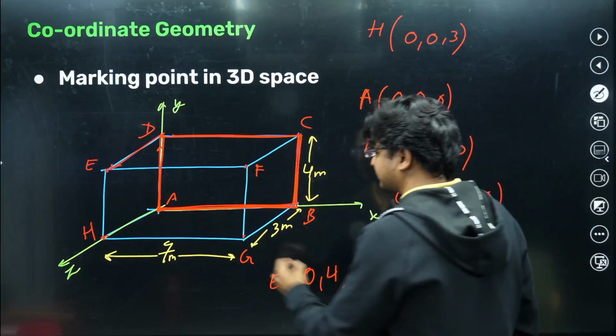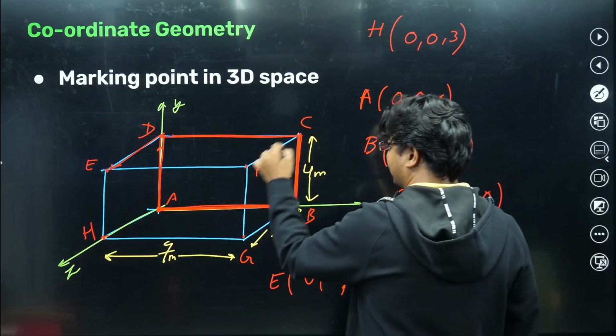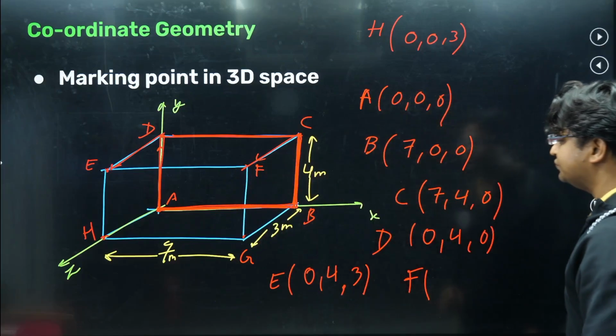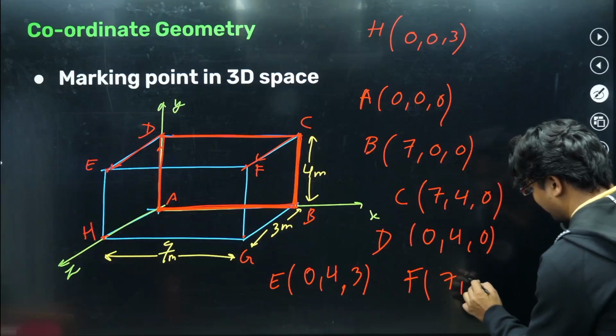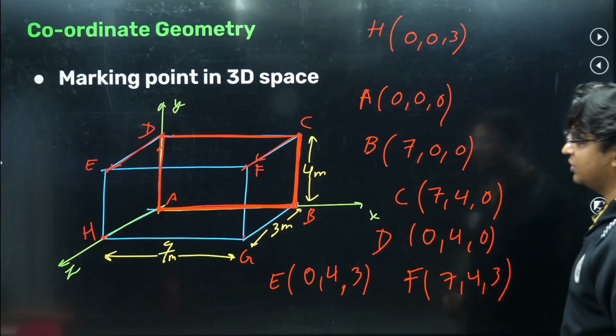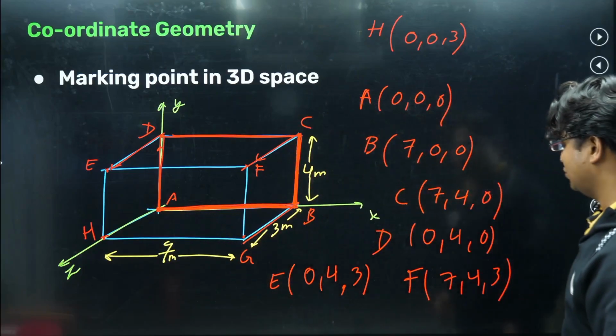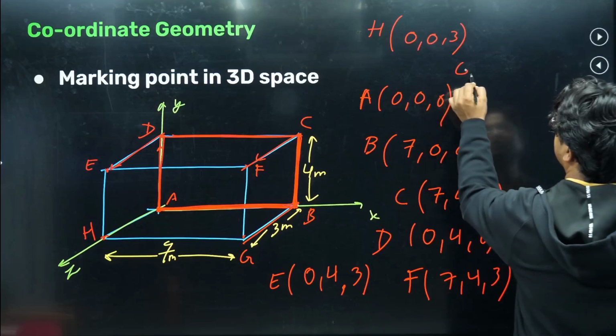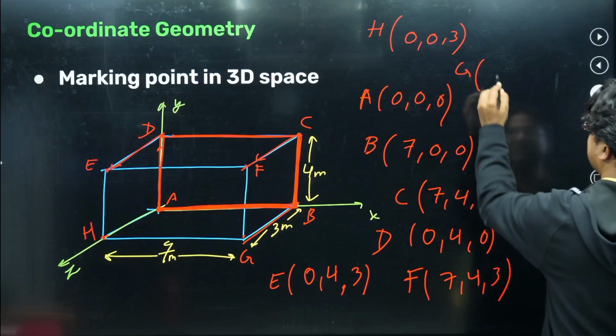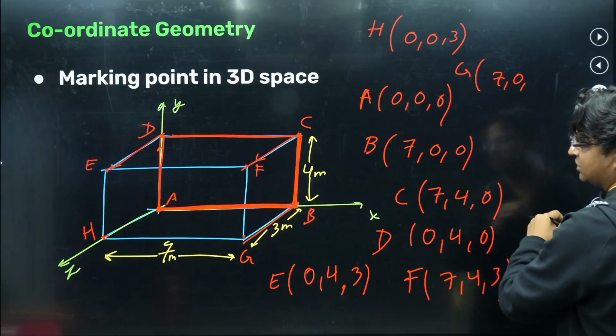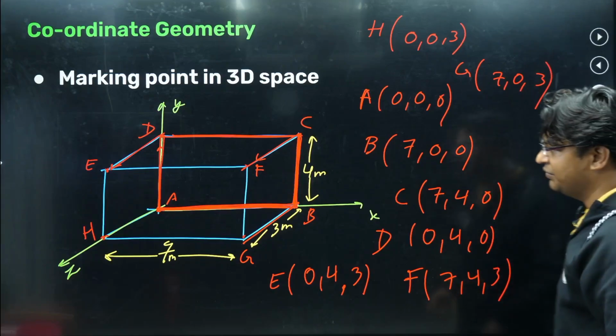To reach F, along x, then y, then z. So 7, 4, 3. Then to reach G, x and then z. So G is 7, 0, 3. So this is how we can write the coordinates.